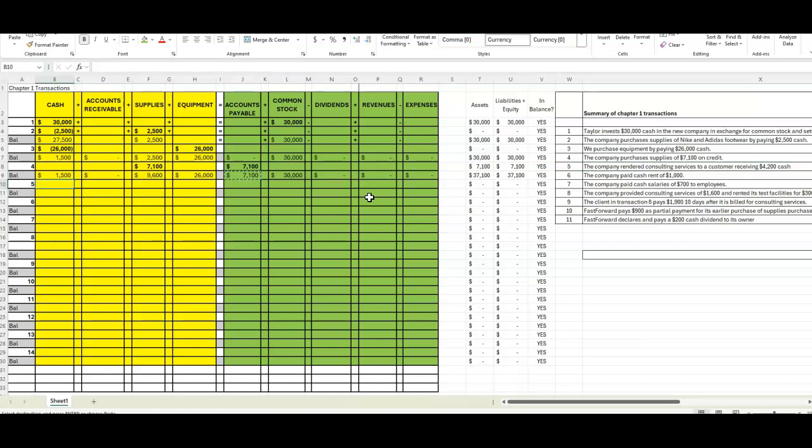We received cash, so $4,200 up for cash, and revenues is the money we earn. Revenues went up. We earned $4,200 in revenue.